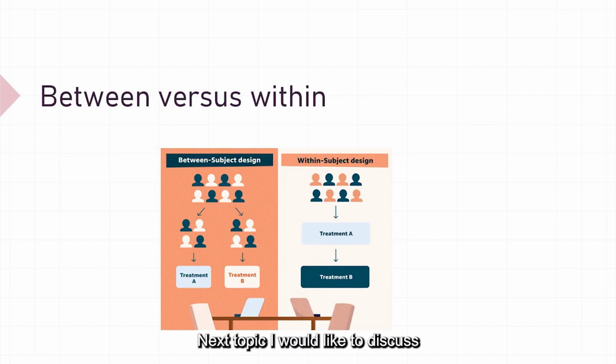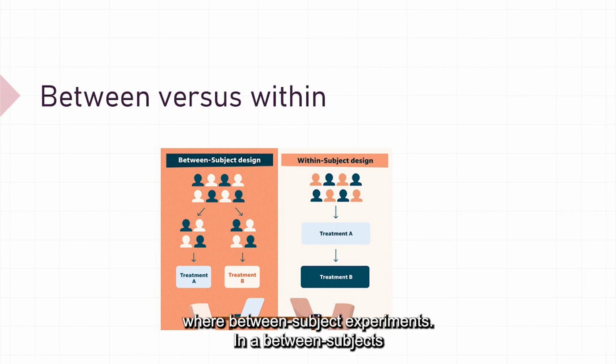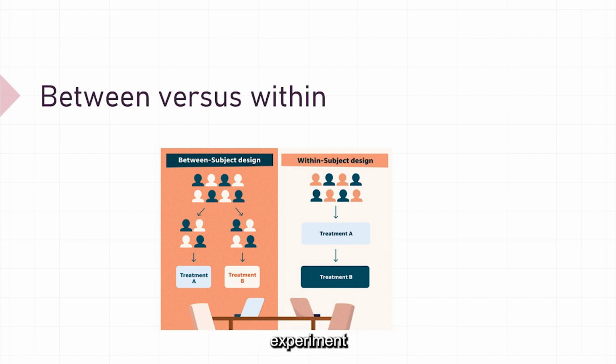Next topic I would like to discuss are different ways to design an experiment. All the experiments from our examples were between subject experiments. In a between subject experiment, each subject is being tested only in one condition.